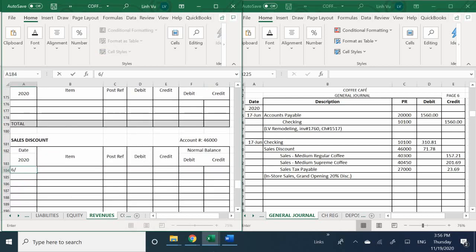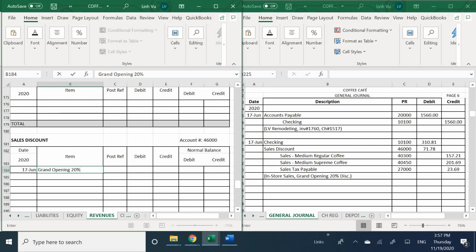the date. So here I will put, this is the grand opening, 20% discount on in-store sales. Good. Right? Because you could have possibilities where it's a holiday. That's why you would give a discount.